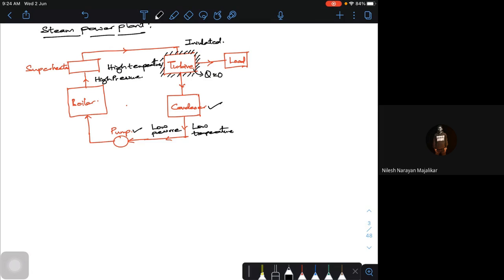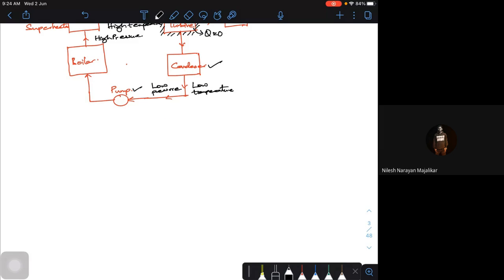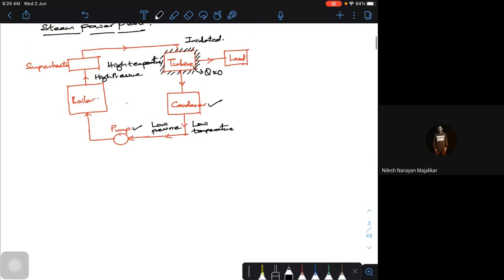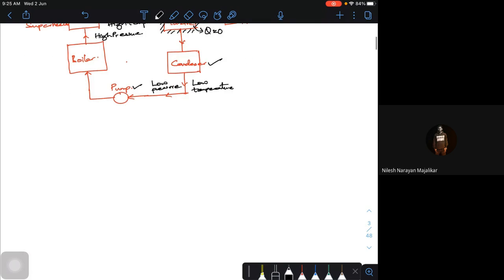Okay, now what is one more thing which is very important here actually? The most important thing is your Mollier chart. How to look into your Mollier chart, so that you should know actually how to read it. So, the enthalpy entropy diagram.